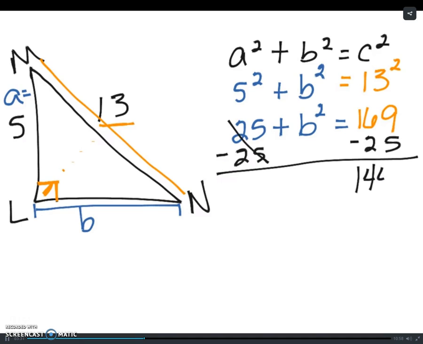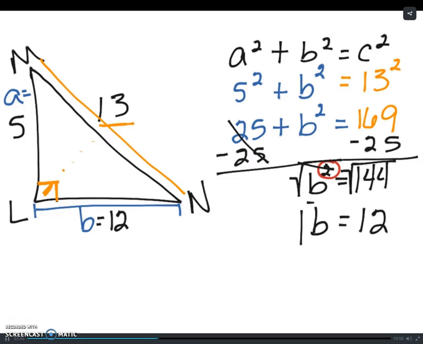And we get 144 over here. And all that we have left on the left-hand side is b squared. Again, we want to get rid of this squared, so we're going to take the square root of both sides, because squaring and square rooting cancel each other out. So we just have b left. And on this side, we have 12. Okay, so now we know this side equals 12.